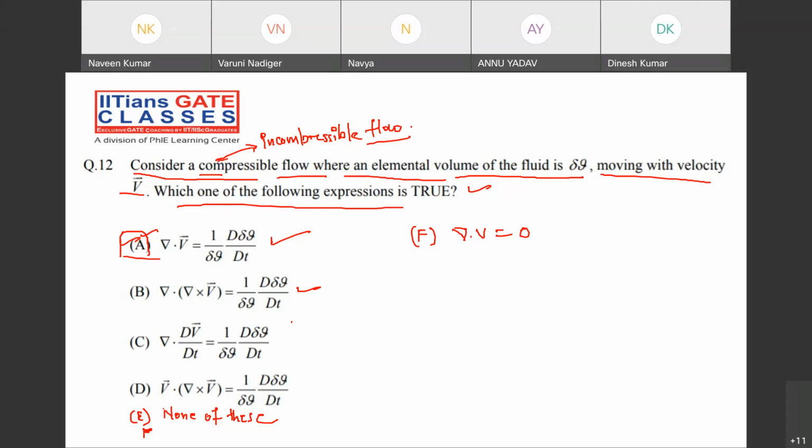First of all, let me know the difference between incompressible and compressible flow. Sir, F is the correct option. Okay, anybody else?